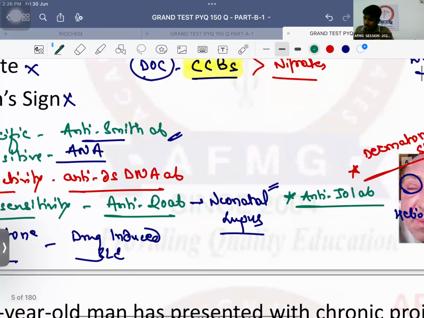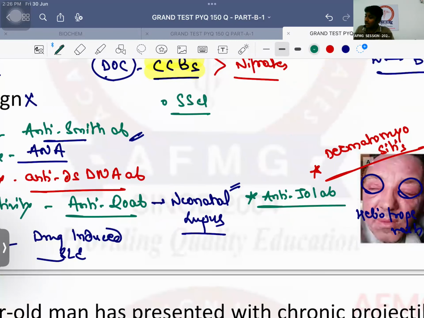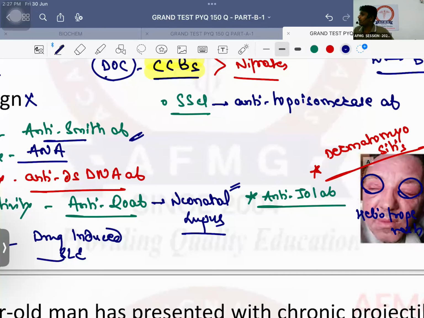Quickly, systemic sclerosis, also known as scleroderma. Investigation of choice: which antibody? Anti-topoisomerase antibody. Please remember, in systemic sclerosis or scleroderma, it is anti-topoisomerase antibody.